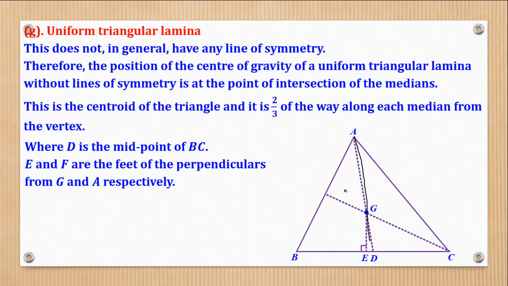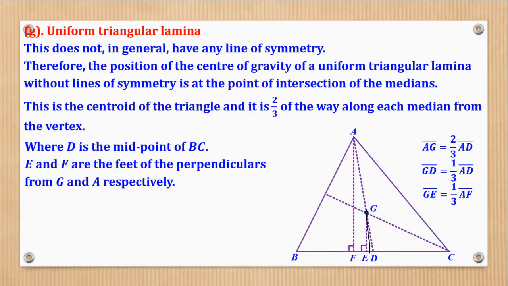So what you do, you drop a perpendicular to get the height. You have to get the height AF and use it to get this GE. They will have located the position of the center of gravity, the y coordinate of the center of gravity.